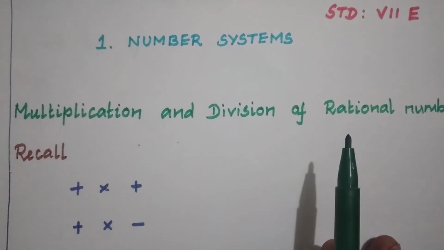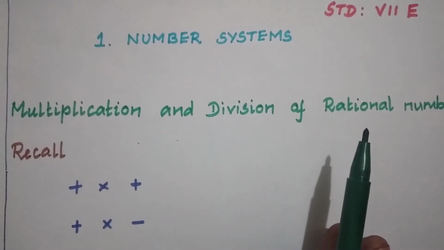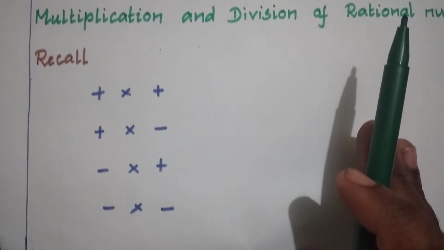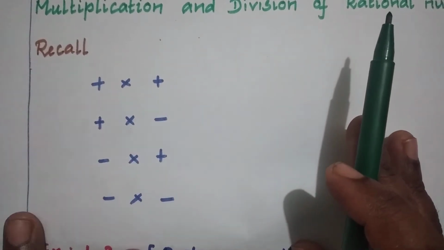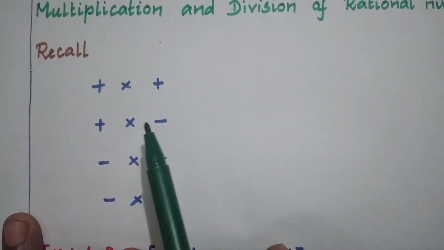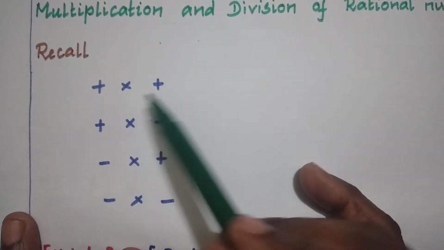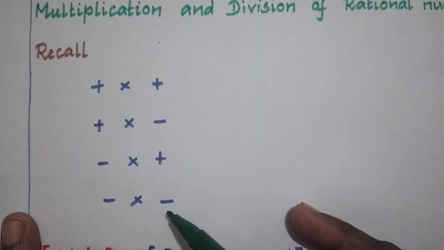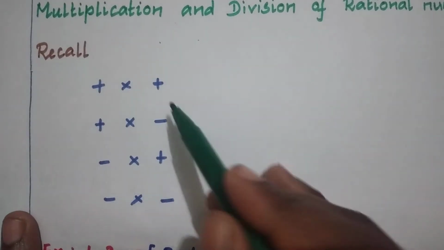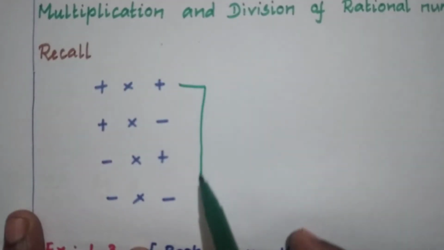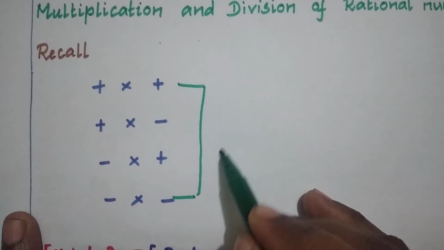Let us recall the rules. When two numbers are in the same sign, that is both are positive or both the numbers are negative, assign positive sign.